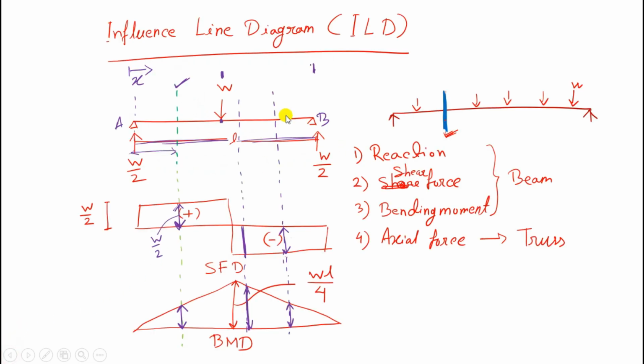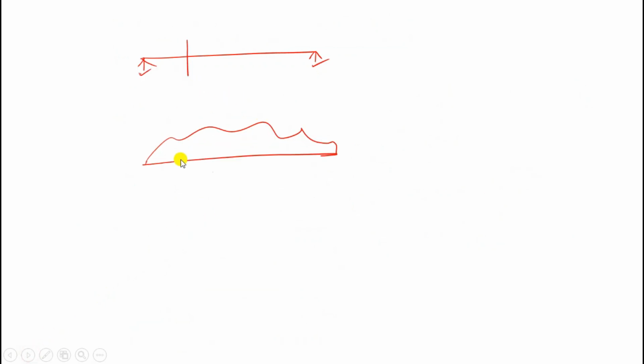Okay, for the first case we can see there is a number of sections. We can get an infinite number of sections for this case. But for the influence line diagram we have only one particular section. So we have to find out the value of the stress resultant, that is shear force, bending moment or axial force, etc., for a particular section.